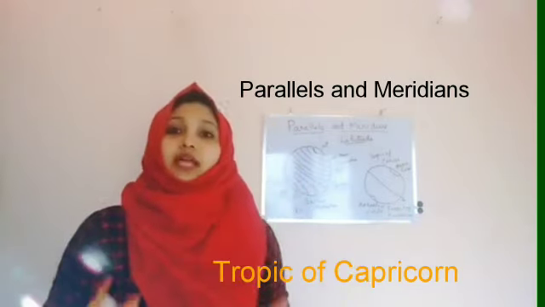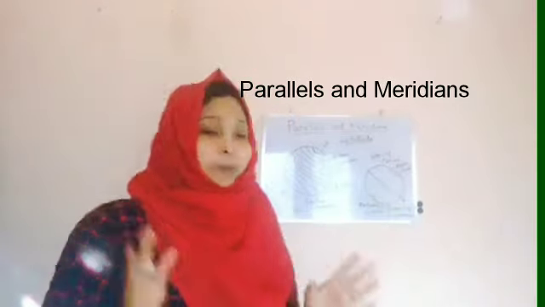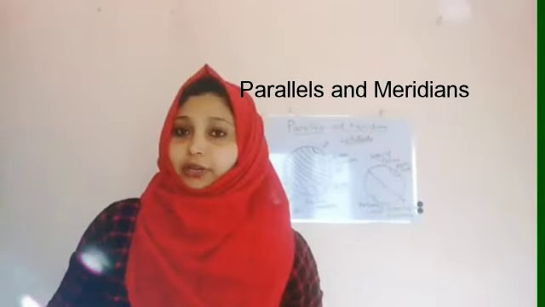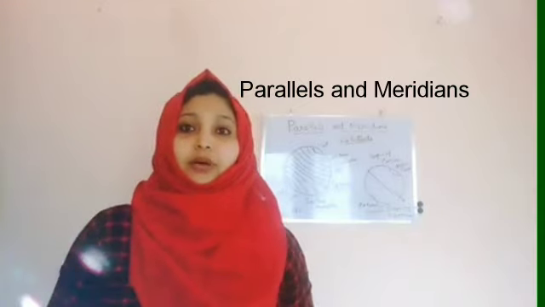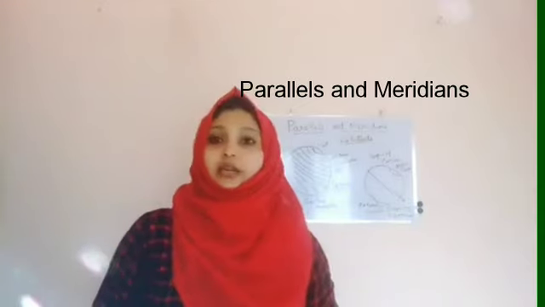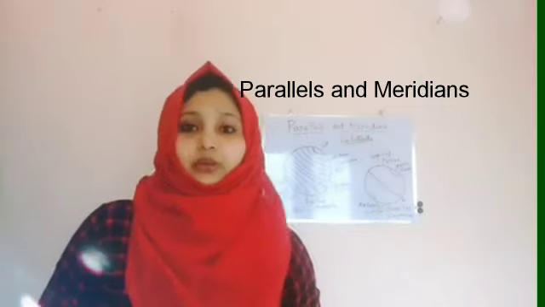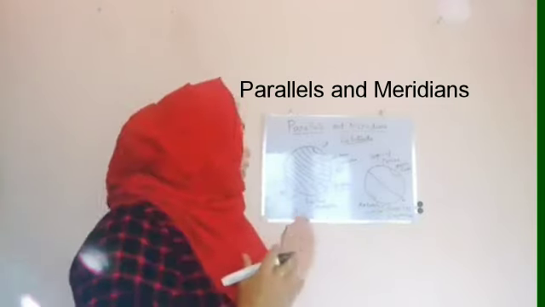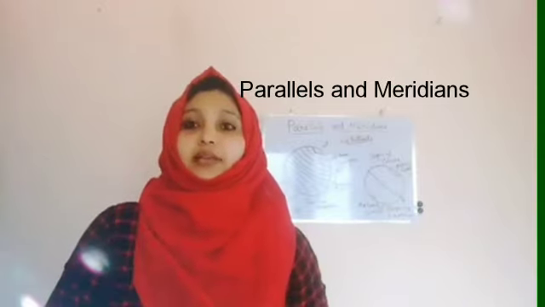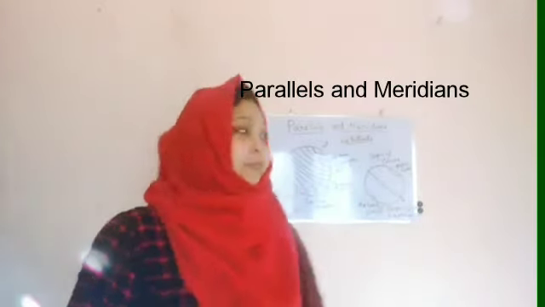So we have 5 important parallels: Tropic of Cancer, Tropic of Capricorn, Antarctic Circle, Arctic Circle, and Equator. Just remember the important parallels. Okay, and each of these 5 parallels has its own degree.